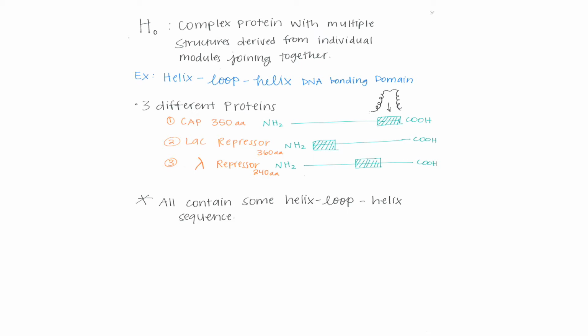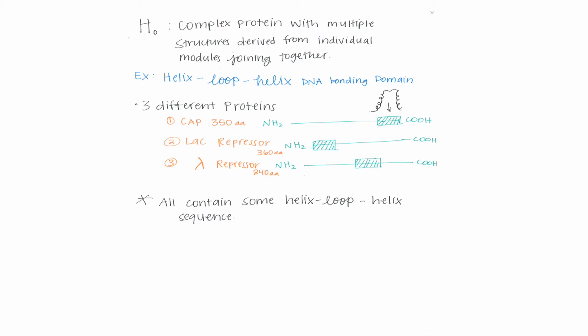There's no similarities among these DNA binding proteins in terms of their primary sequence, except for the helix-loop-helix DNA binding domain, which in all 3 cases is virtually identical. I'm not going to say 100% identical because there may be 1 or 2 amino acids that are changed, but they are, for all practical purposes, identical, even though the rest of the proteins are completely different.